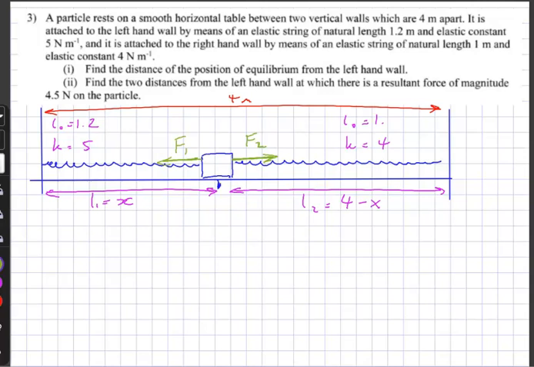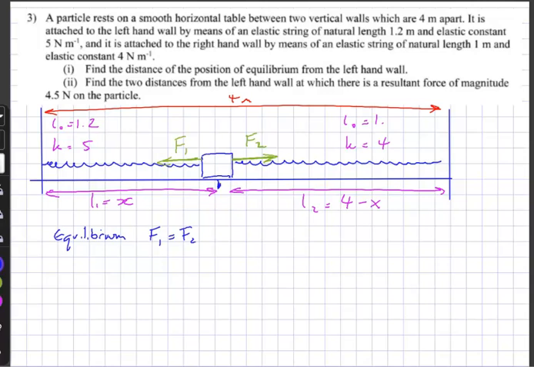So find the distance of the position of equilibrium. Equilibrium is going to occur when those two forces are equal to each other. So equilibrium occurs when F1 is equal to F2.